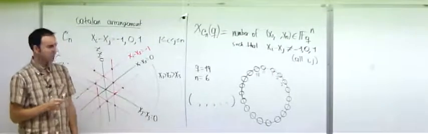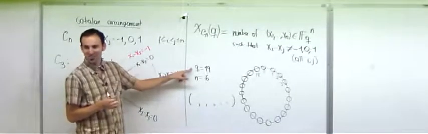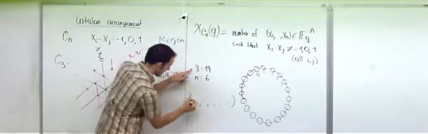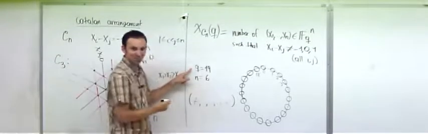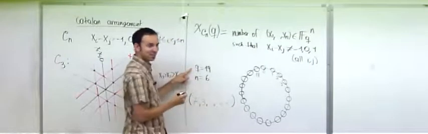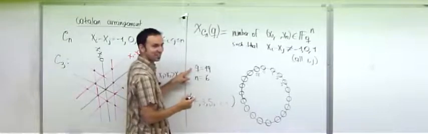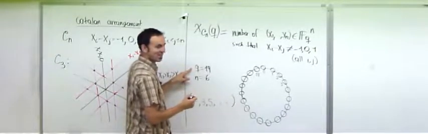So, Tia, give me a number in this finite field between 0 and 18. 7. 2. Give me the next coordinate. 3. Ashley. 5. Jimmy. It's getting harder. 11.